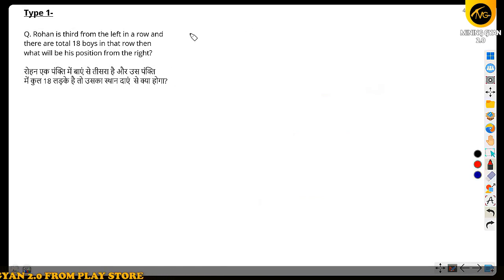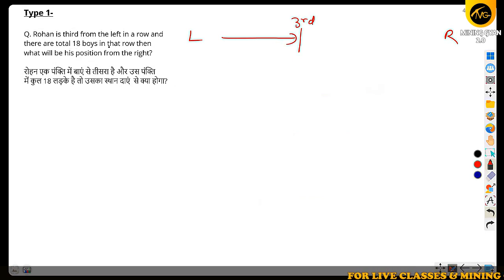Okay, always remember left and right position. So Rohan is third from the left in a row. So this is left. So Rohan is third from left. And there are total 18 boys.